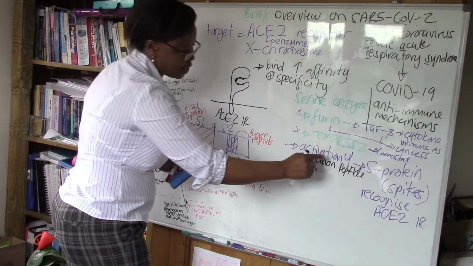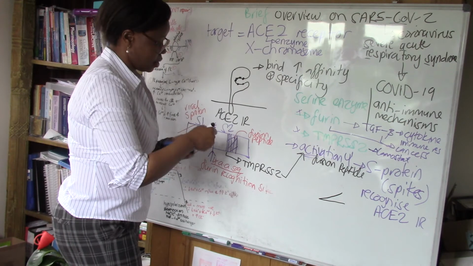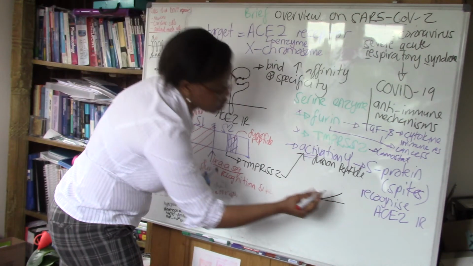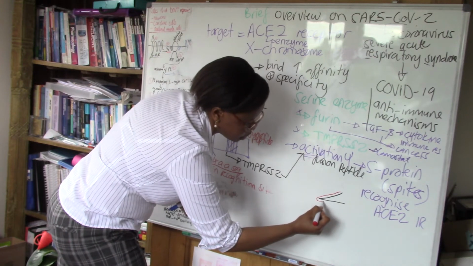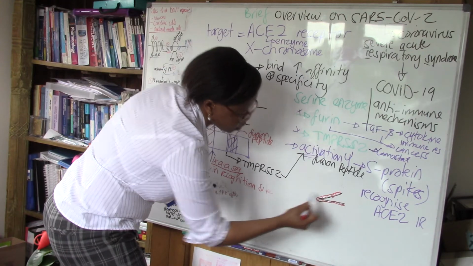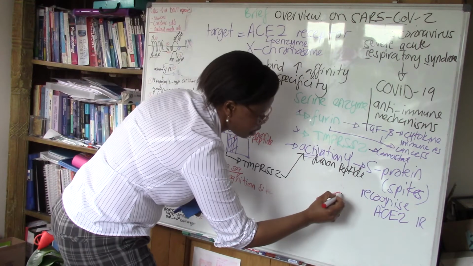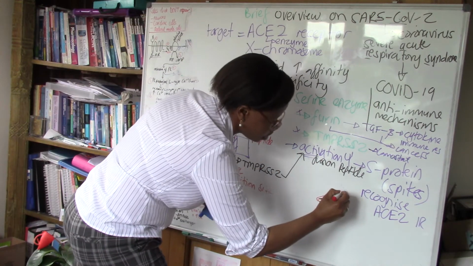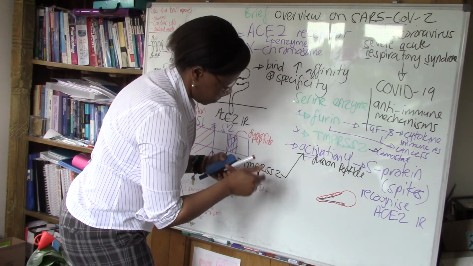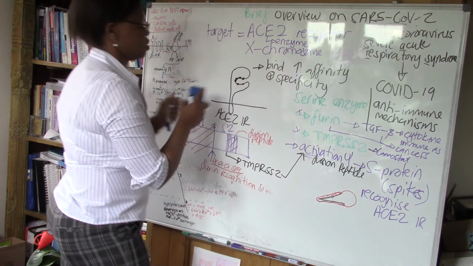For example, say the S protein looks something like that as a spike, and we can see that the cell looks something like that. So these two just fuse into one membrane. And as they fuse into one membrane, obviously the virus is still here.